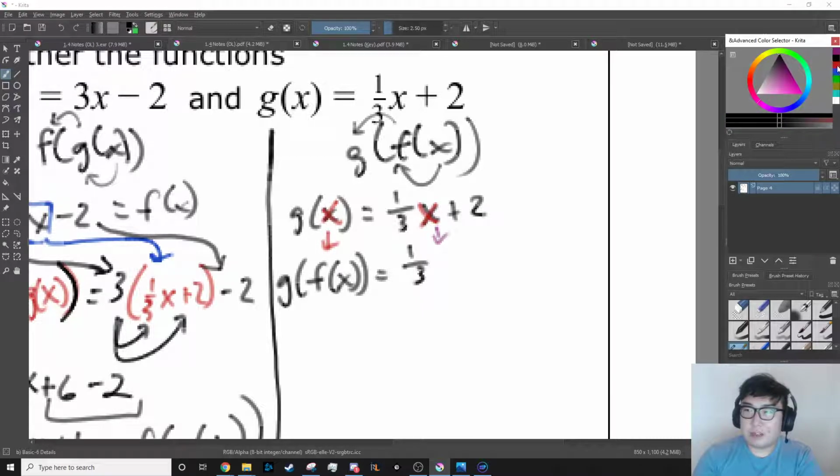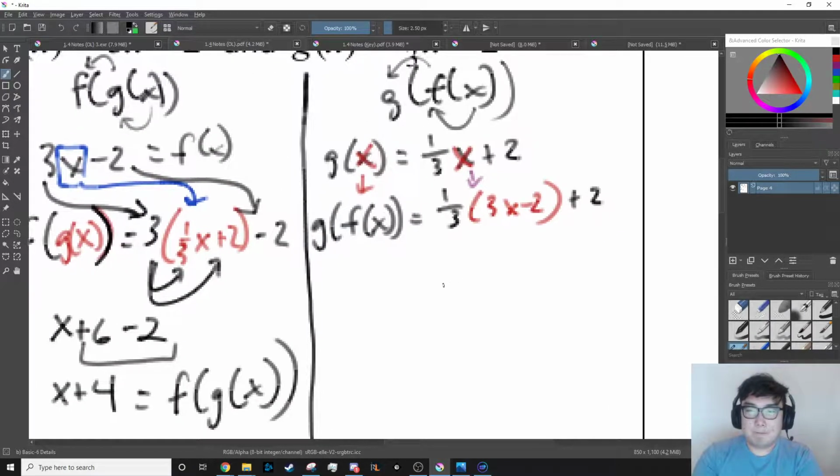Couldn't I just write this as 3x minus 2 and then plus 2? Because I know that f of x is equal to this equation, so I can just skip a step. And then now I just distribute. So 1/3 times 3 is x, and minus 2 divided by 3 is 2 over 3, plus 2.